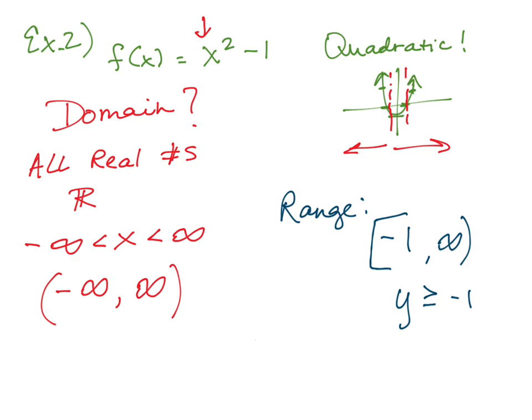Okay. A try it really quickly. A try it for this one. The question is, what is the domain if f of x is equal to x cubed minus x plus 5? First of all, what kind of function is it? Cubic. Good.